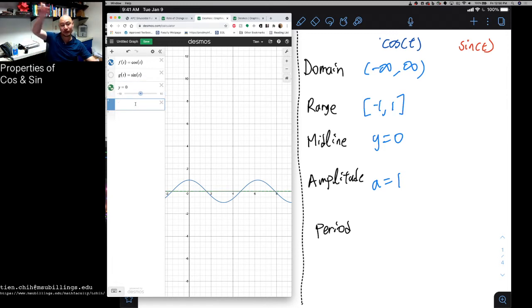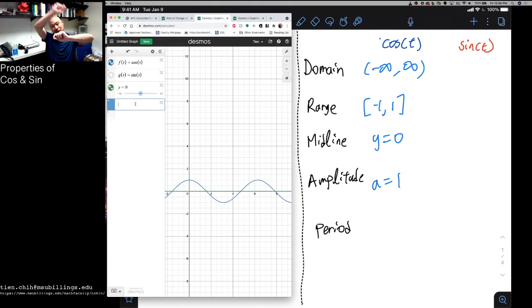Now, as far as the period goes, we can try to eyeball it from this picture here, but that's not really going to be that easy. The better way to think about it is, how far does it take for this thing to start repeating itself? Well, I start at 0, and I go up, up, up, around, and when I've traveled a distance of 2 pi, the circumference of the circle, I'm back at my starting point.